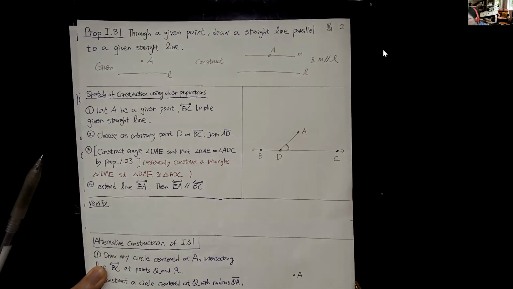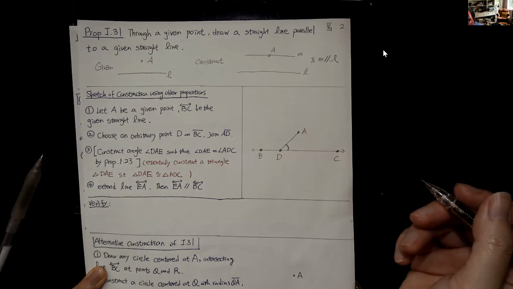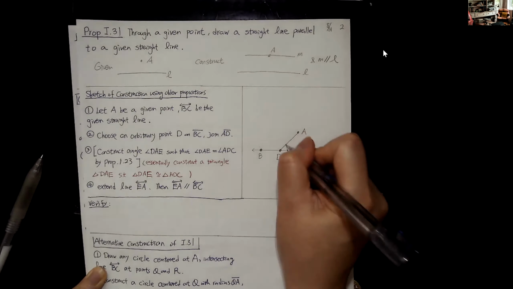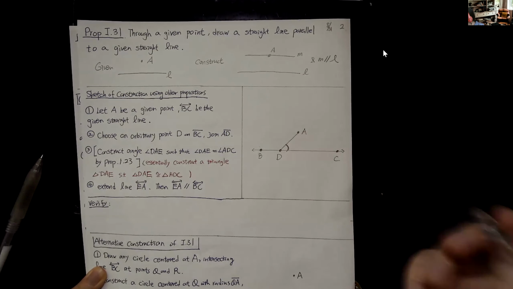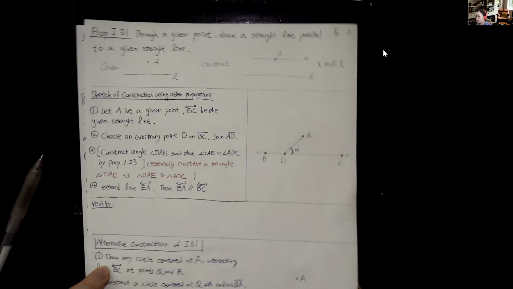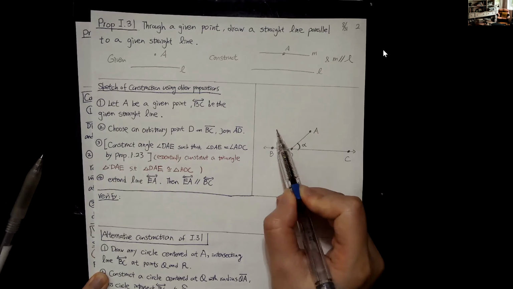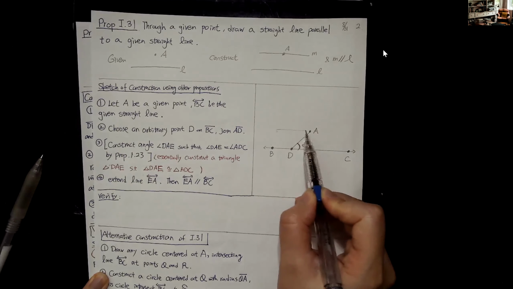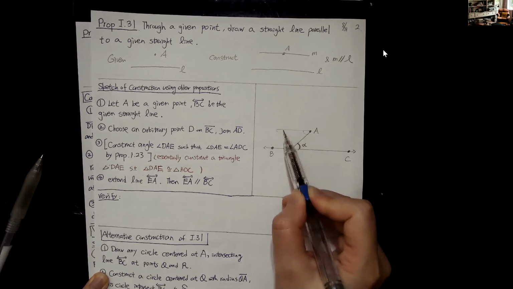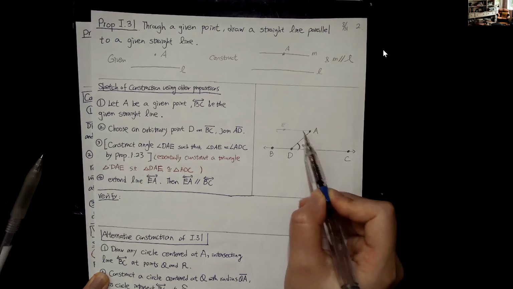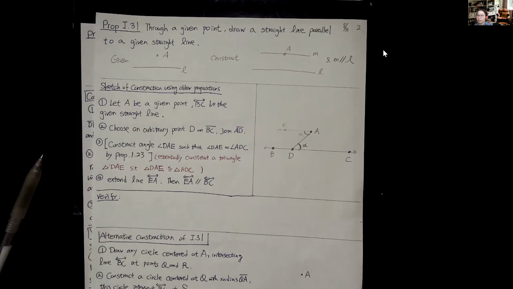You already have this angle ADC, which is given the name alpha here. The idea is I want to be able to reproduce, and first let me draw a sketch here, reproduce an angle DAE such that this angle is alpha. These are the steps where we're quoting the previous proposition we just did.